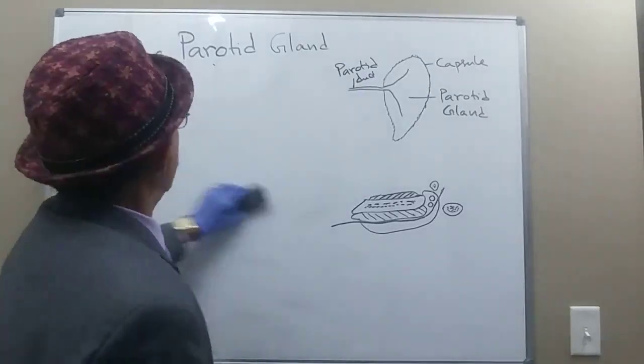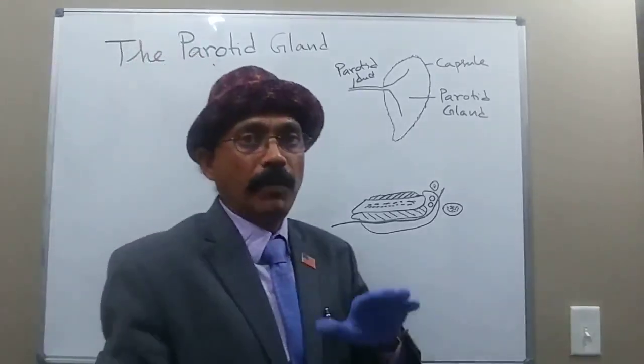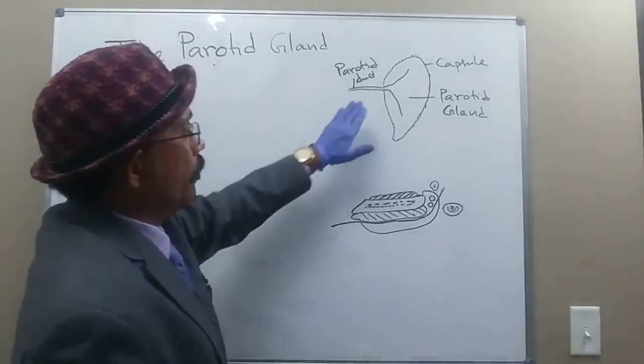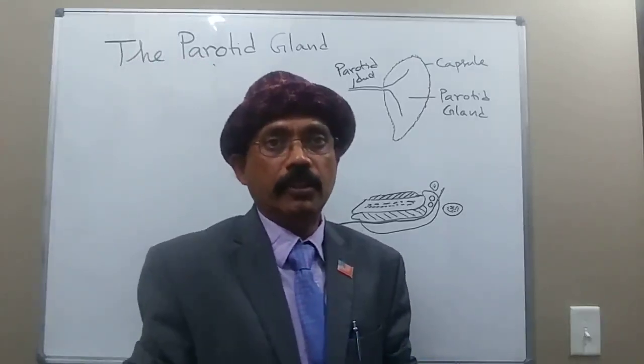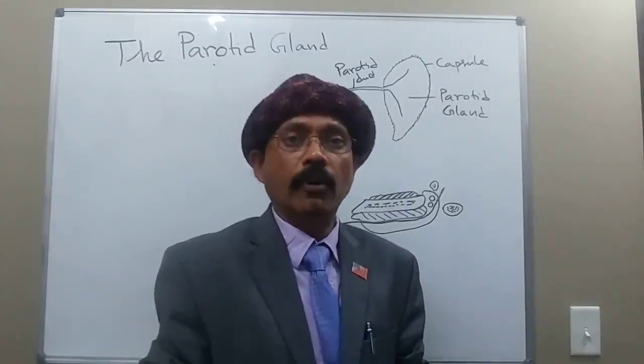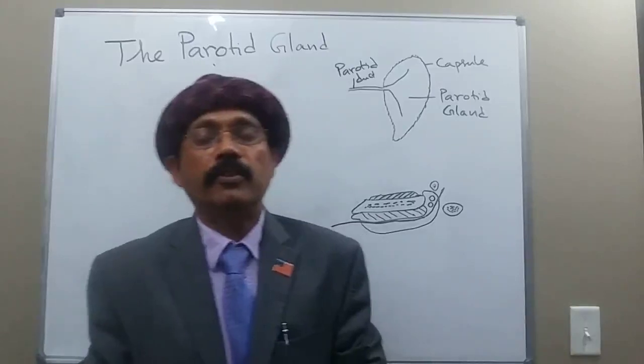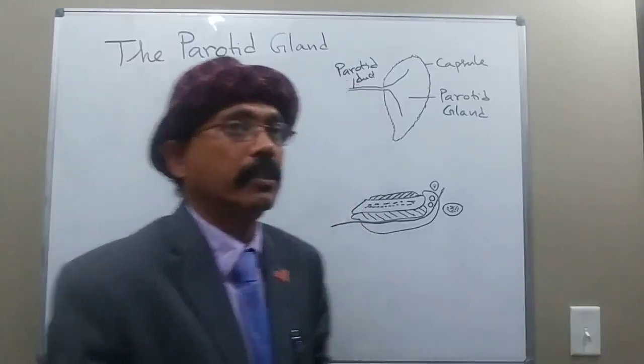Now, the parotid duct on its course passes over the masseter muscle. Then it pierces some structures to enter into the vestibule of the mouth. What structures are pierced by the parotid duct?